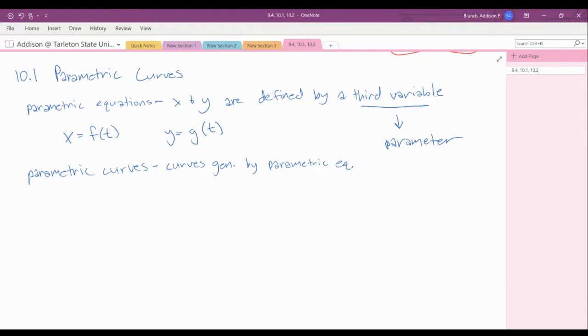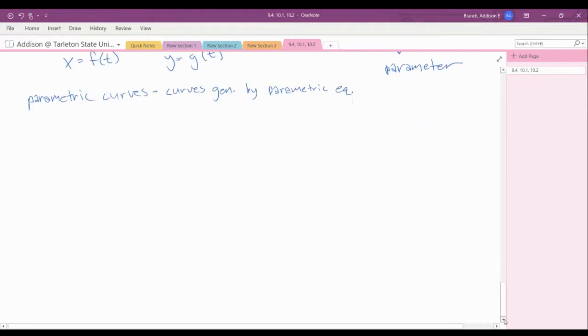So let's go ahead and go over how to actually sketch these parametric curves, because this may make some of the conceptual stuff make a little more sense, since this is a pretty visual concept.